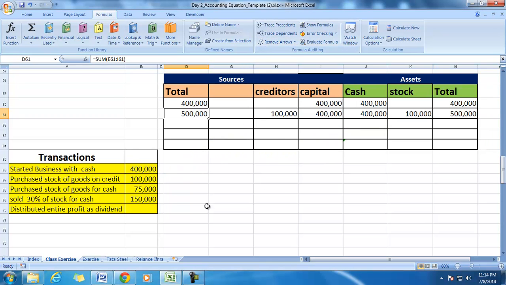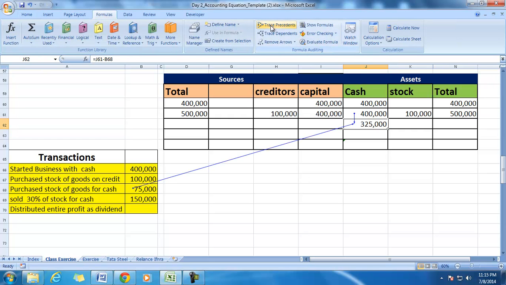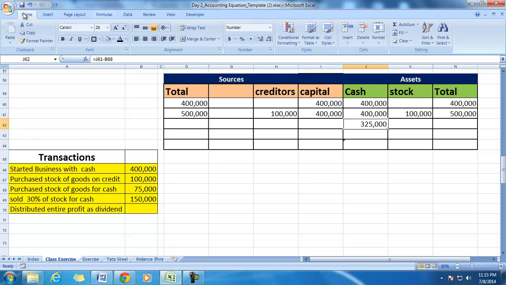After every transaction we can see that S is equal to A. Now purchase stock for cash this time. So cash reduces by 75,000, and stock increases by 75,000.